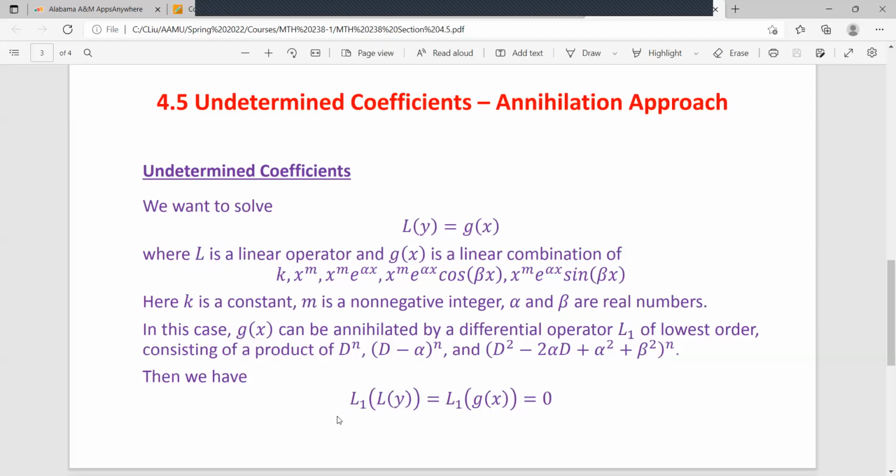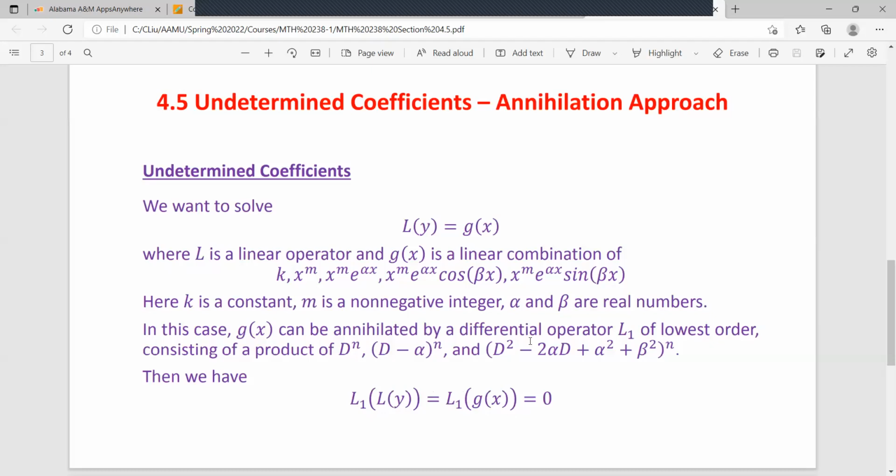The left-hand side, L1 applied on L on y, is another differential equation, because L1 and L are both differential operators. You just apply them sequentially. You get a higher order differential equation, but now it is homogeneous, which can be solved easily, as we know.